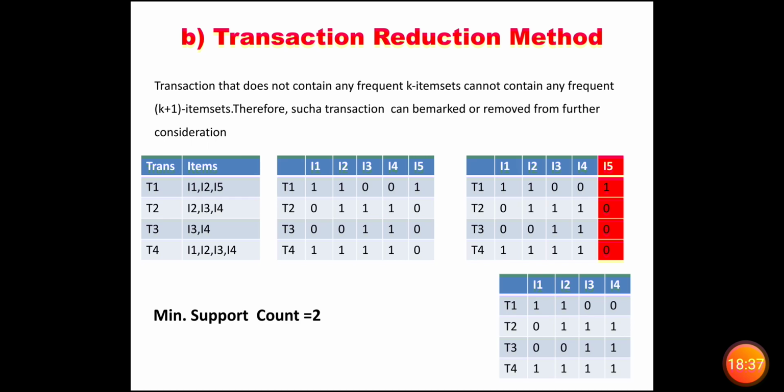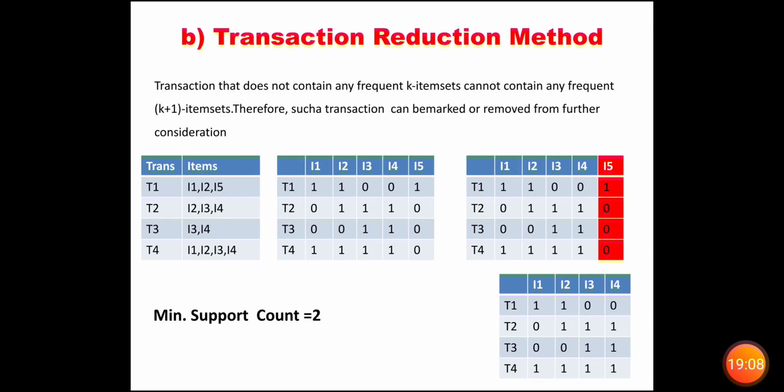In between we verify how many times the I1 item is present in T1, how many times I2 is present in T1, I3 in T1, I4 in T1, and I5 in T1. That occurrence will be given in the table.